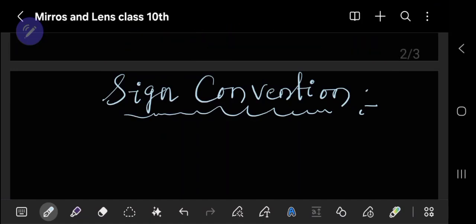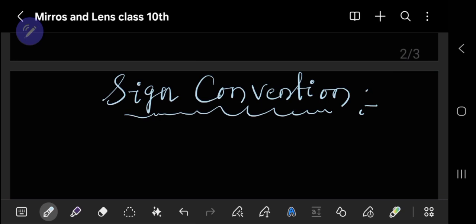So in this video, as we are continuing the process of spherical mirror and spherical lens of chapter light, usually class 10th and class 12th students can also watch this video to understand the concept of sign convention.